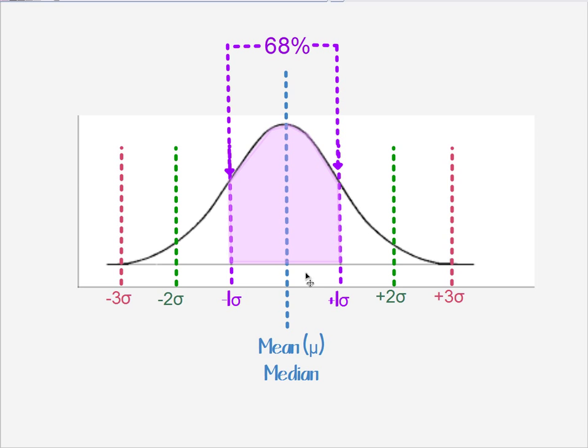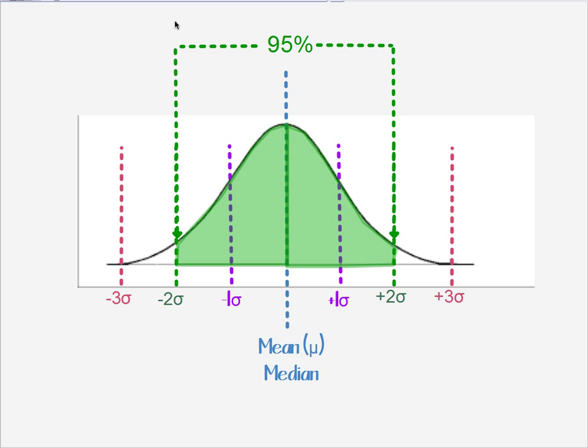It's not always exactly 68, but for our purposes today, we're going to say that's close enough. So we call this within 1 standard deviation away from the mean. Within 2 standard deviations, I find approximately 95% of my data.